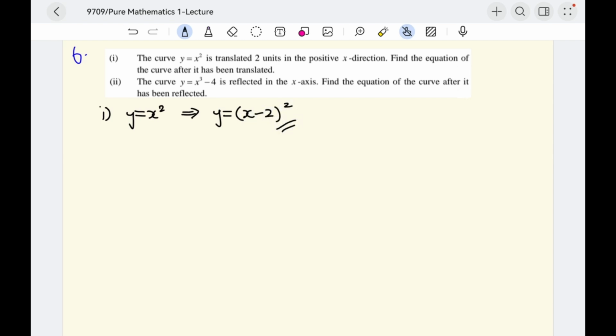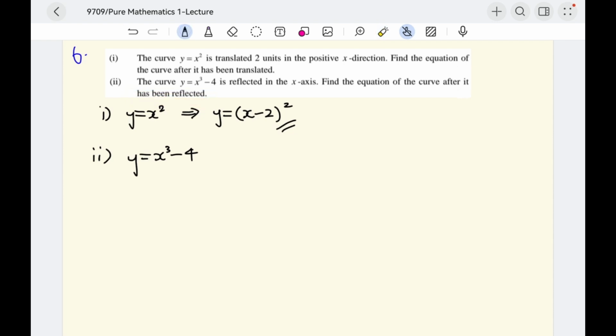For the second part, the curve y equals x cubed plus 4 is reflected in the x-axis. Find the equation of the curve after it has been reflected.